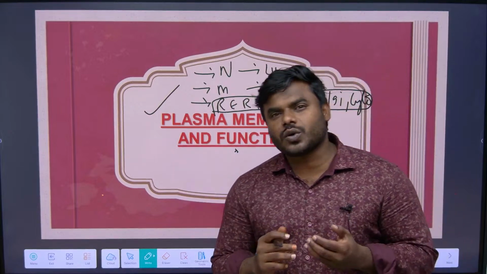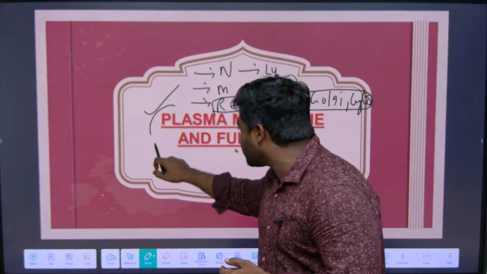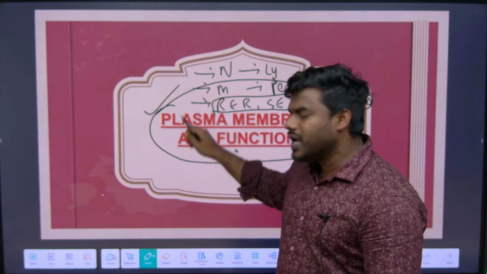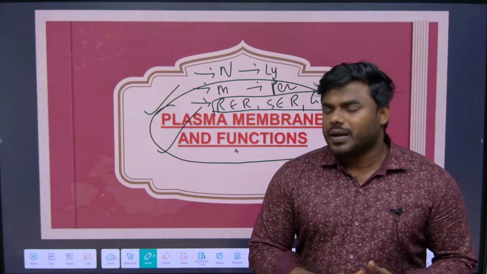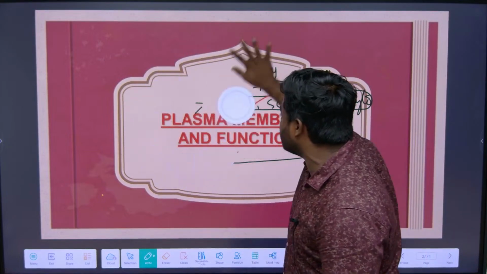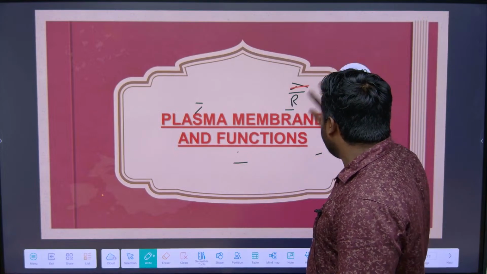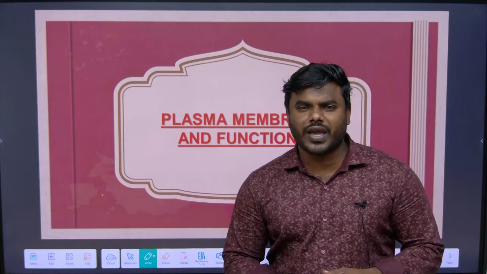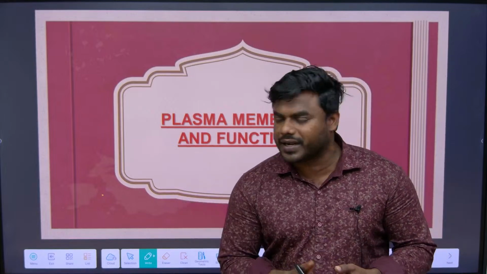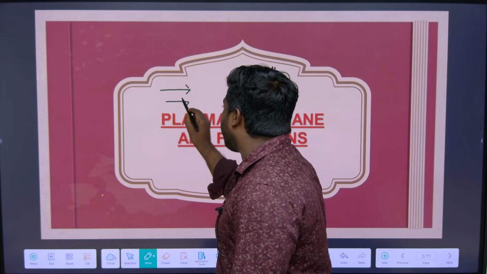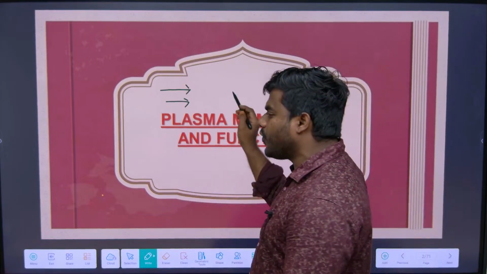From which topic or organelle do we get questions compulsorily, apart from these? Plasma membrane. In the plasma membrane we have to read the structure, composition, type of proteins, type of lipids, type of carbohydrates and their functions very elaborately.